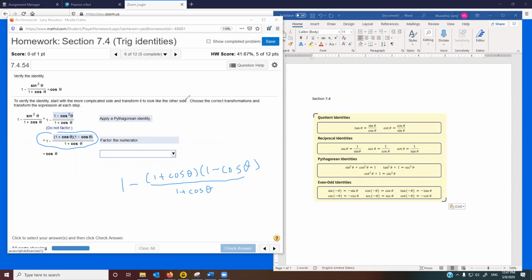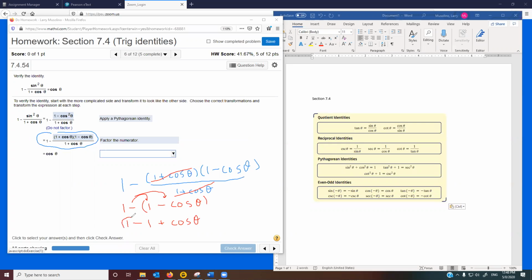But what I'm noticing is I can cancel out this 1 plus cosine theta because it shows up top and bottom. If I cancel that out, what I'm left with is 1 minus, and then in parentheses, 1 minus cosine theta. I'm going to distribute this negative sign inside the parenthesis. Then it's going to be 1 minus 1 plus cosine theta.